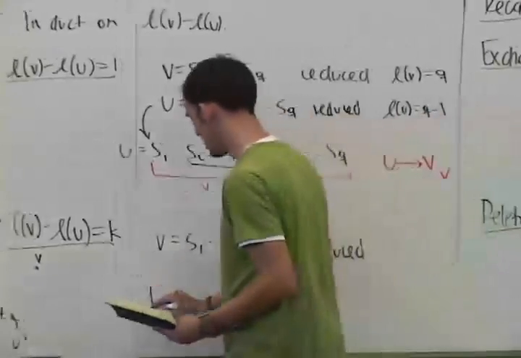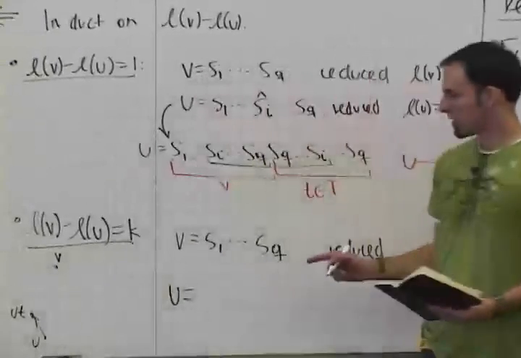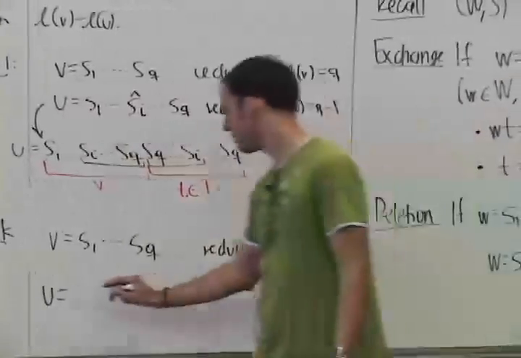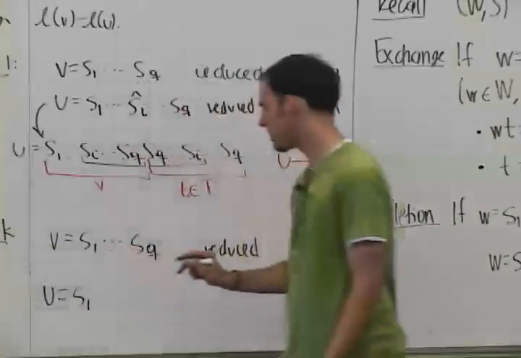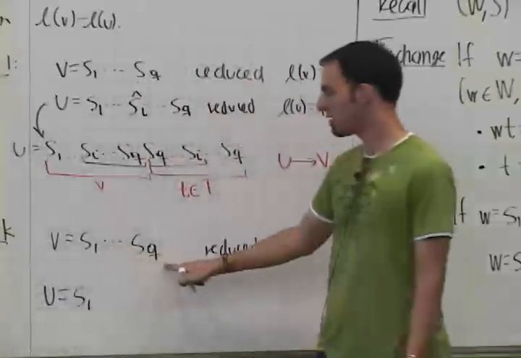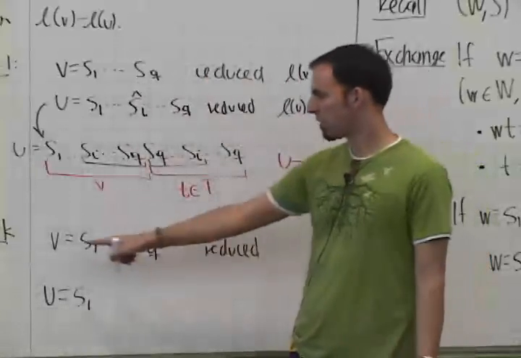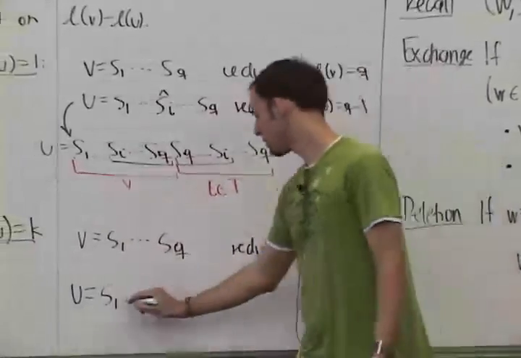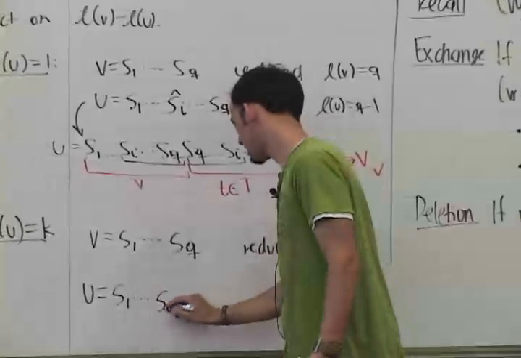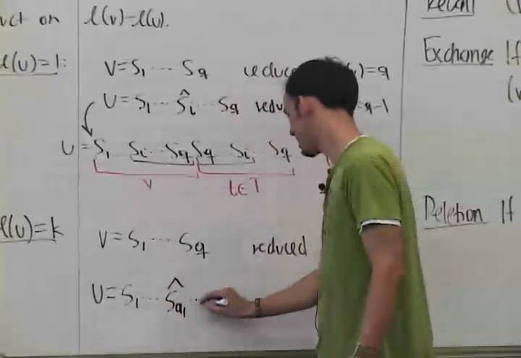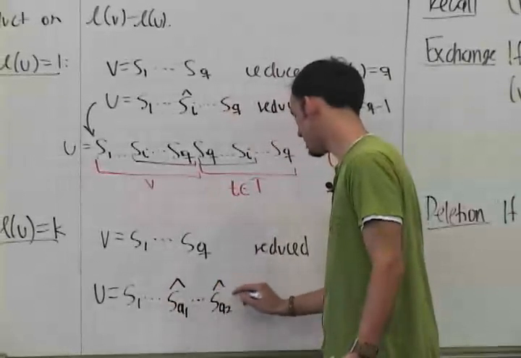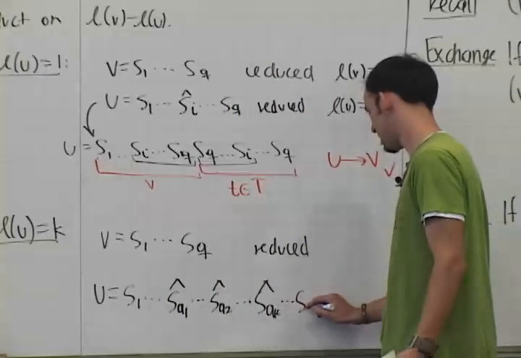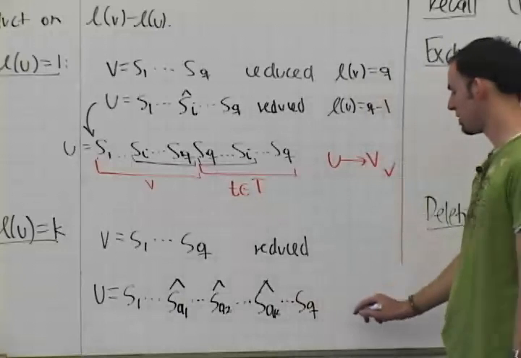And I'm assuming that I have a reduced subword for U in there. So that must be obtained by taking this thing, and because the difference in lengths is K, that means I have to take out K of the things. So I take, let's say, A1 out, I take A2 out, I take AK out, and that's it. And this is reduced.